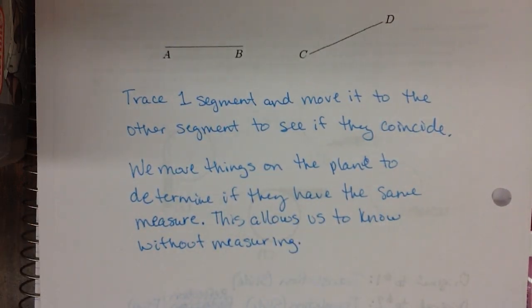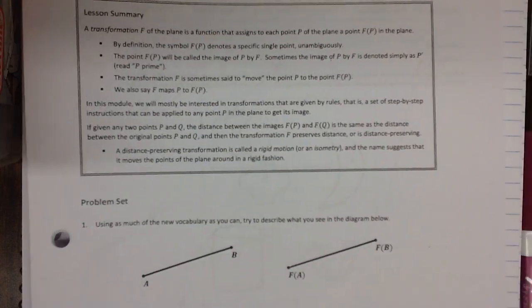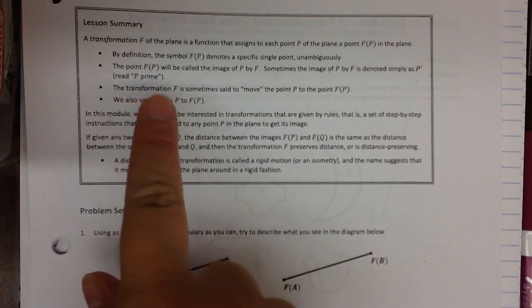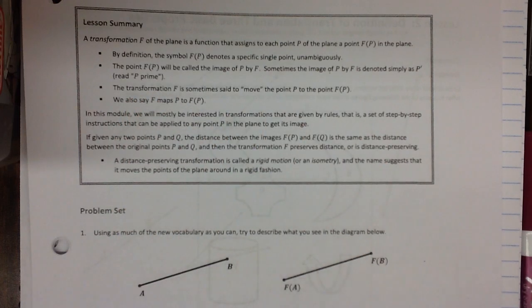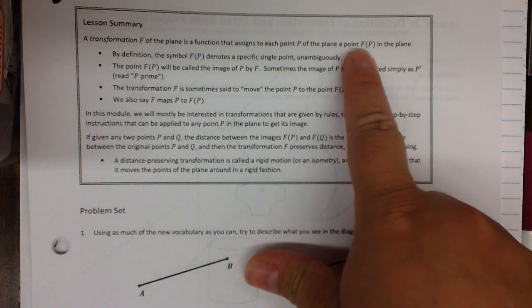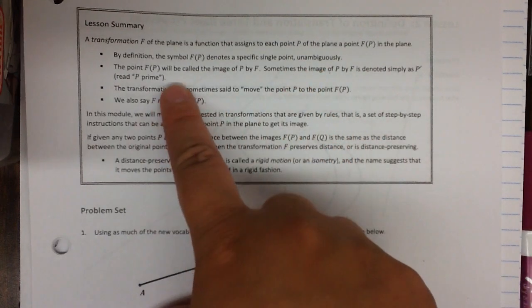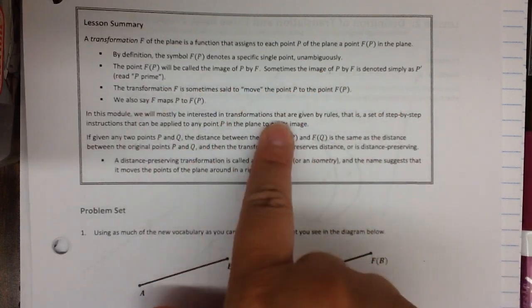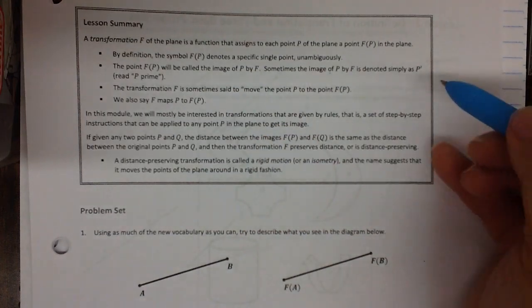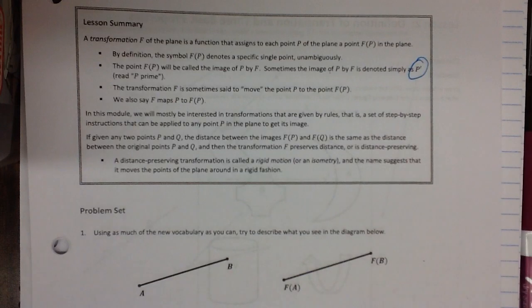Alright, so in summary, you guys all have the summary right here. Okay, so a transformation is just a function. Okay, you can say it by the function moving P, so function of P. It gives you some stuff, but remember we're just going to use this P prime.